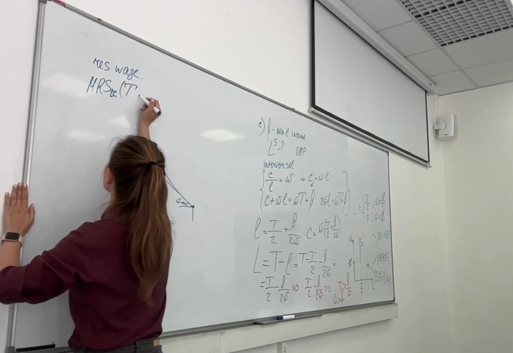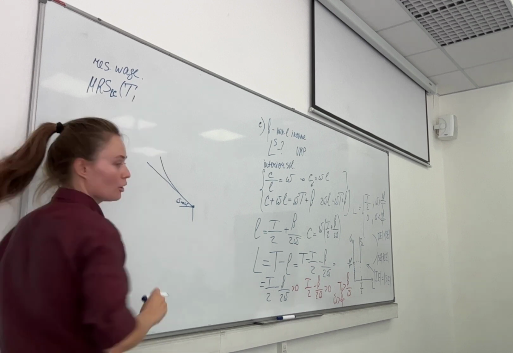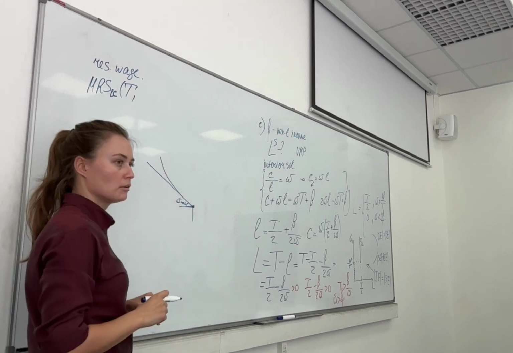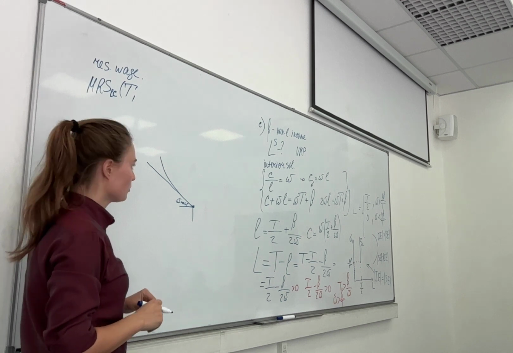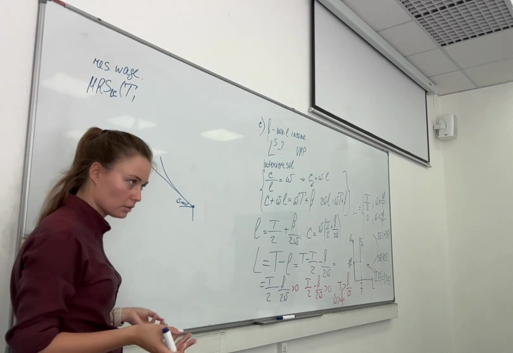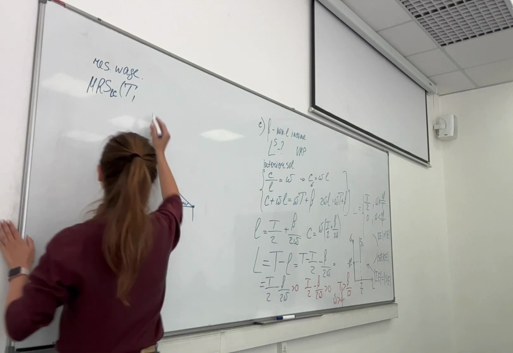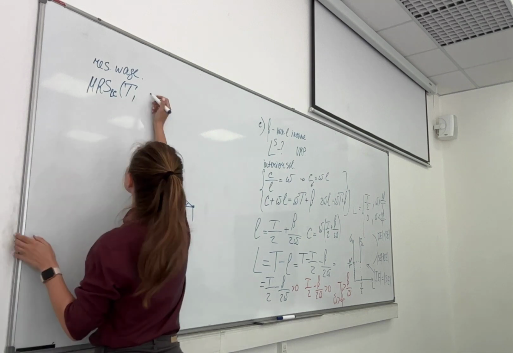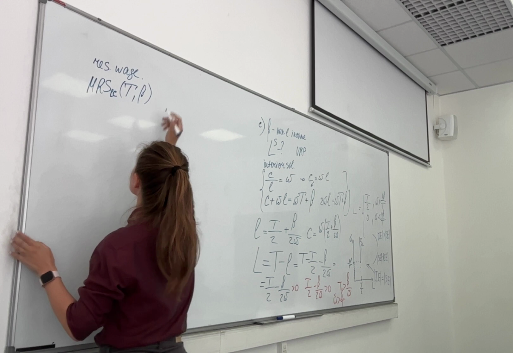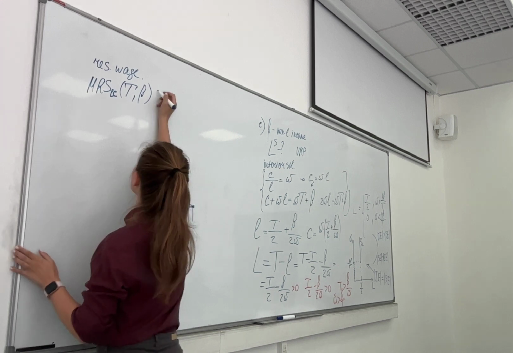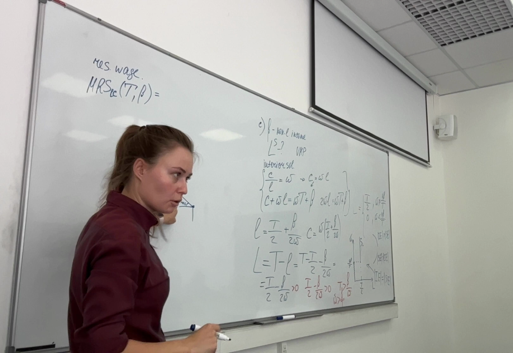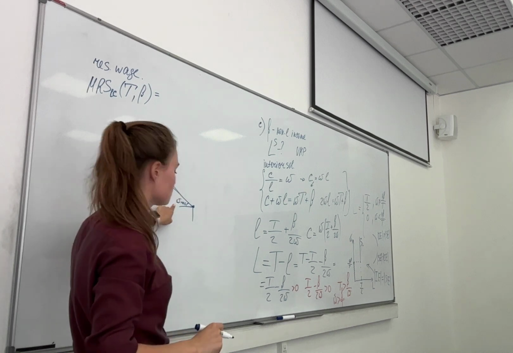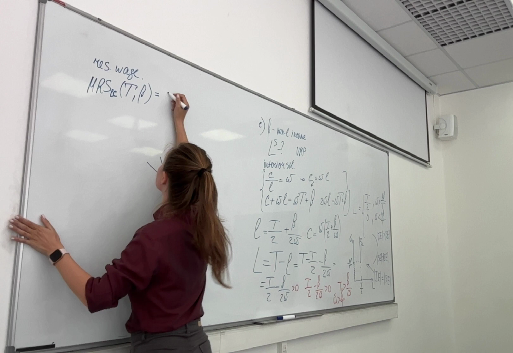And how much can we consume? All the money that we have. And we have only non-labor income, because we do not work. Only non-labor income. It is beta right now. And it should be equal to the slope of the budget line, so to the reservation wage. Agree?